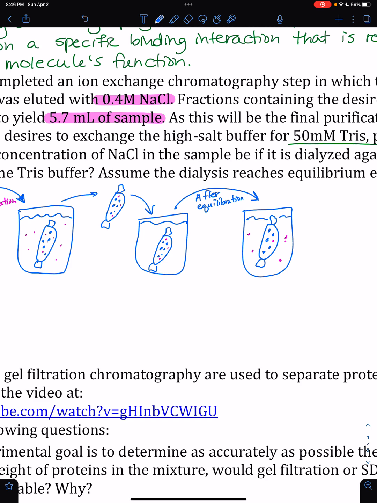But the question really is, what is the final sodium chloride concentration inside the bag? So what's the final sodium chloride concentration in that bag?